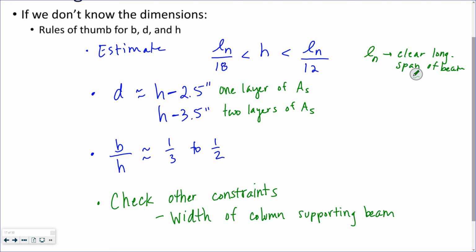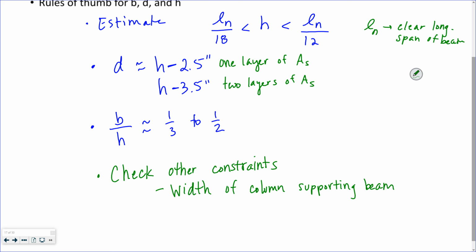You don't want to make a beam that's wider than your column. You probably want to make it about the same. I mean, I guess it could be wider, but you know. It's easier to form if things are the same width, right? And depth wise, you might need to keep it shallower for some overhead clearances. So those are the rules of thumb, and some other things you might have to think about. I'm sure there are a multitude of other things.